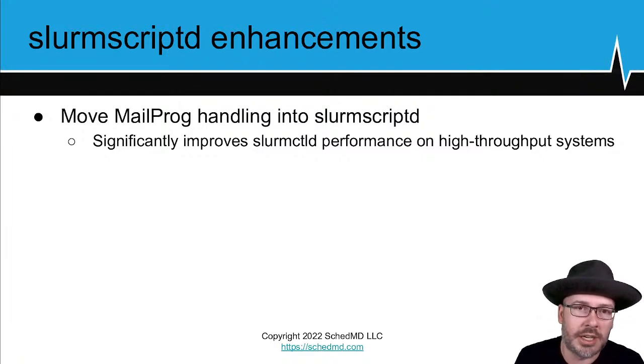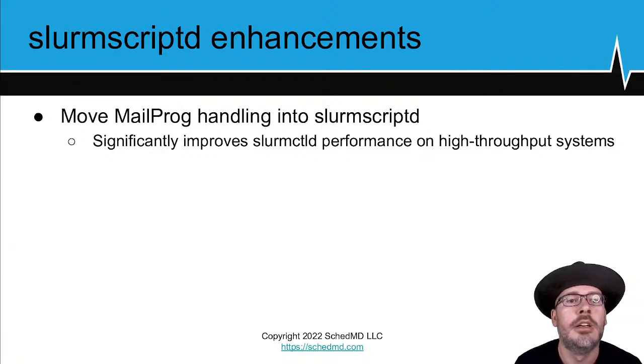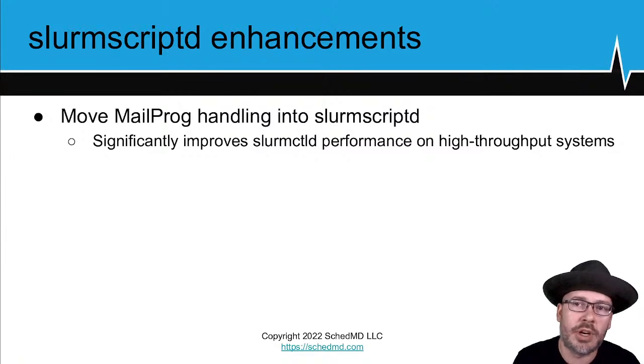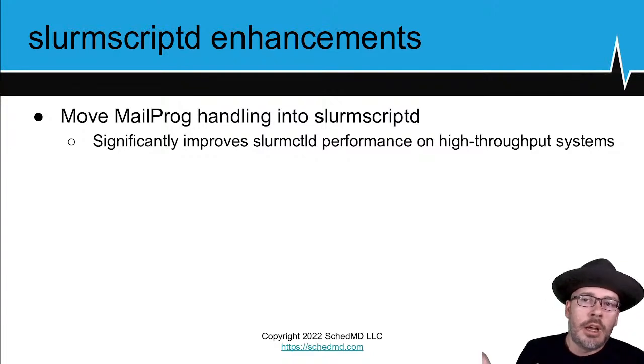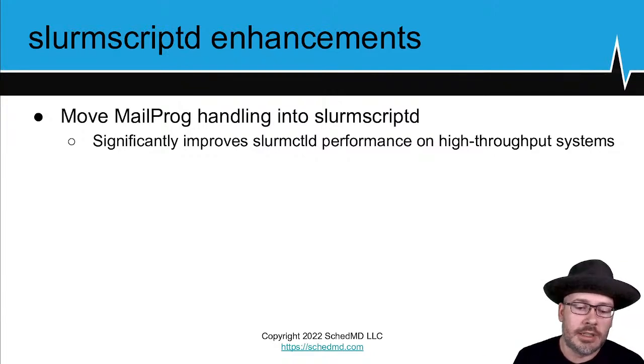So we created this new process that lives alongside it, whose entire job is just to do the fork and exec, but do it in a process with a minimal memory footprint and something that's not tying up the thread level concurrency that the Slurm controller is used to running with. We moved a number of hooks into the slurmscriptd already, but we're continuing to push this.